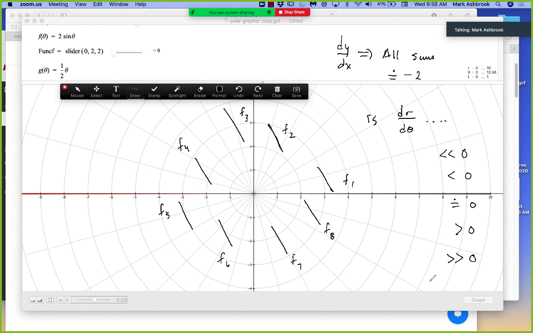So we're going to analyze it. We're pretending that each one of these is a little part of some bigger polar graph. And kind of at the middle of that little plot of points, is dr d theta kind of a big negative, just a moderate or small negative, close to 0, positive, or very large positive?